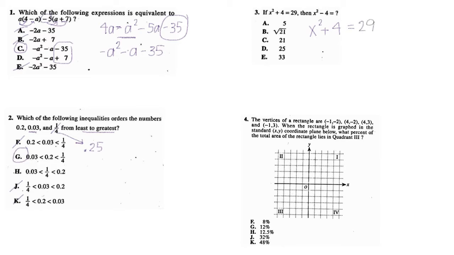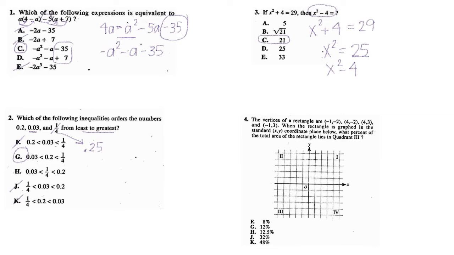And we see very quickly that x squared has to be equal to 25. That's all I would do with it, because what we're solving is x squared minus 4. Well, x squared is 25, and 25 minus 4 is 21. So the right answer choice there should be C.